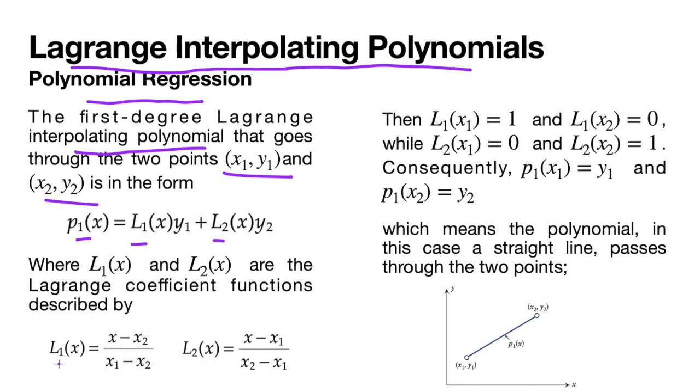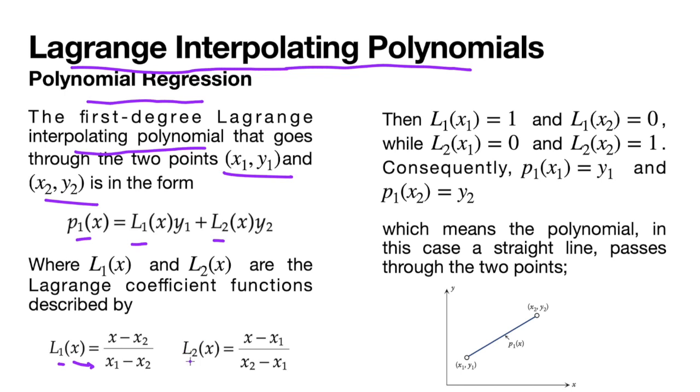For L1, the corresponding other point is in consideration. So it is x minus x2, whereas in the denominator we have x1 minus x2.